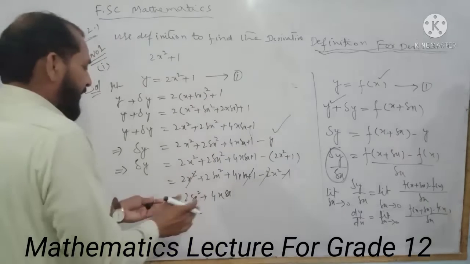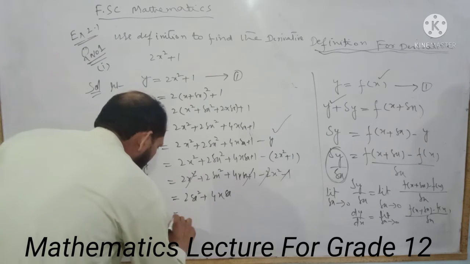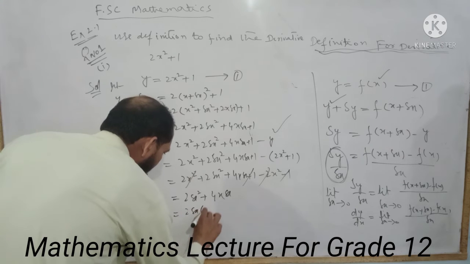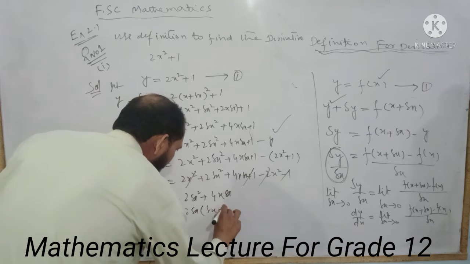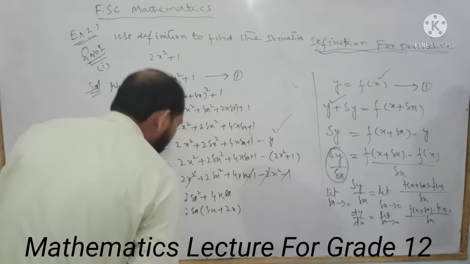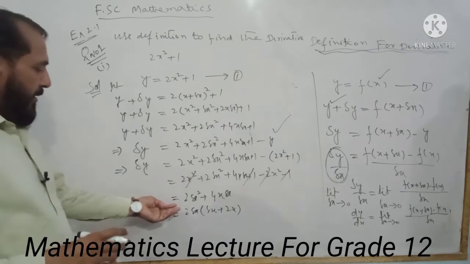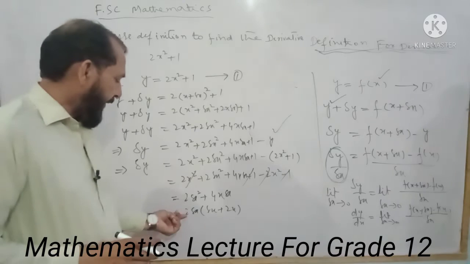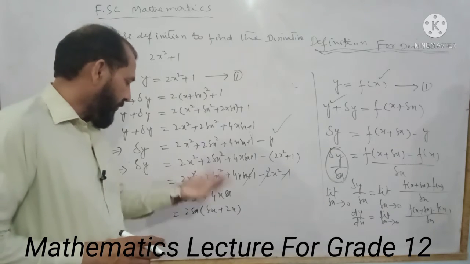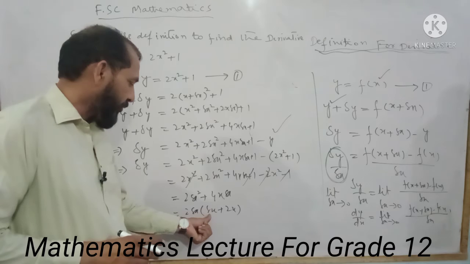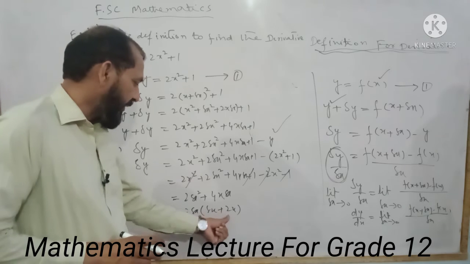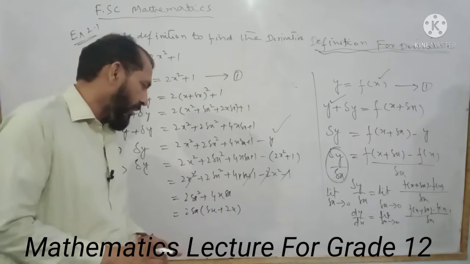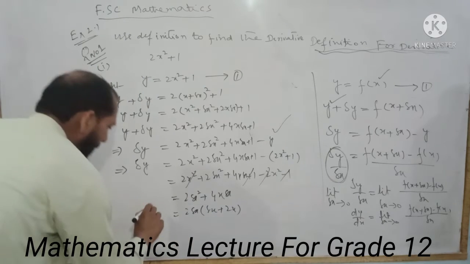Okay, after this we have to take 2 del x common on both sides. So here we can take del x common. We have del x only one plus 2x, and we take del x outside of the function.